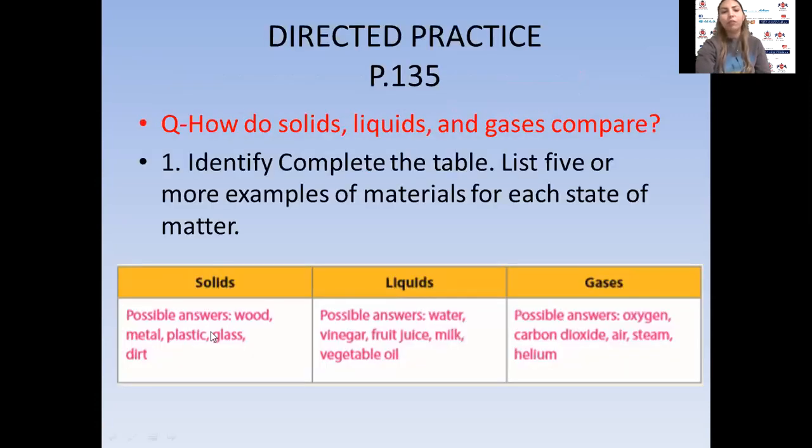We have wood, metal, plastic, glass. So if you want to find the properties common between all of them, they are solids. So their particles cannot move, okay? Because wood particles do not move, metal particles do not move, plastic particles do not move, and glass and dirt and mud and different things like this.